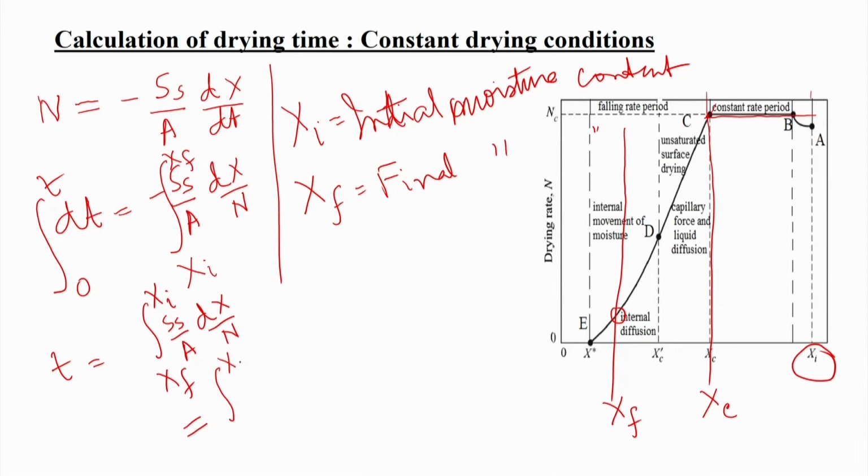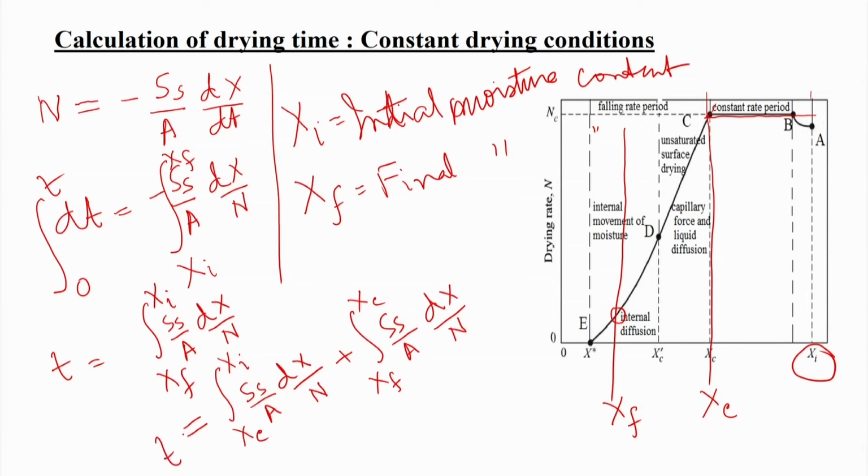So, xi to xc Ss by A dx by N, plus xf to xc Ss by A dx by N. So this one, the total drying time, will be like this.